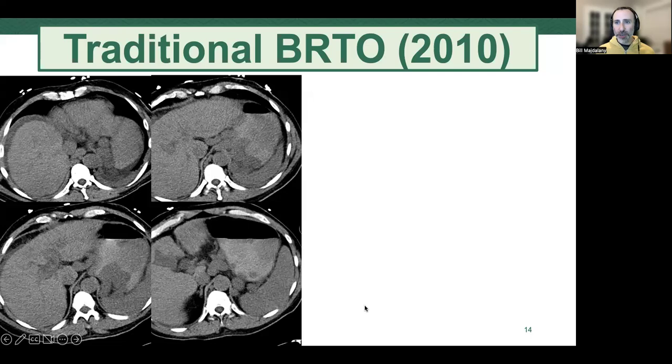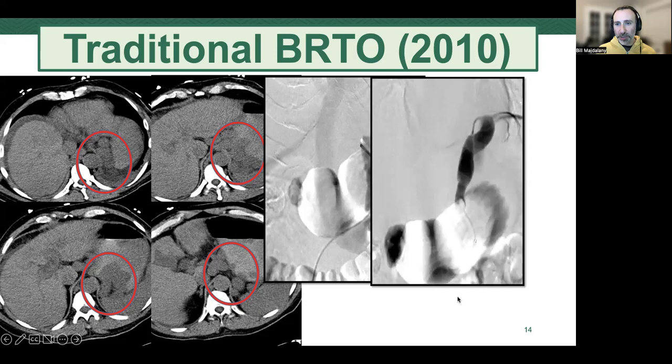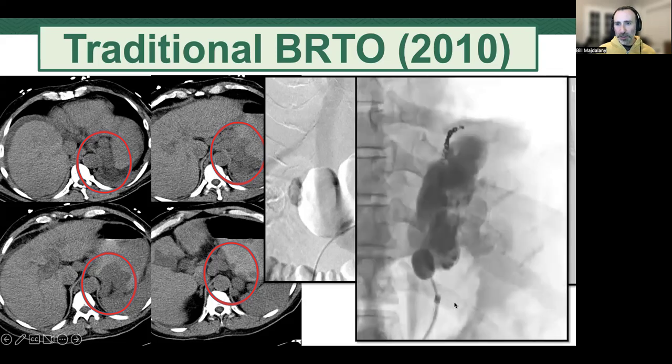In traditional BRTO, when I was in my residency, we would see these large varices, of course, on CT. We would catheterize from a femoral approach in this case, and then get into the efferent gastrorenal shunt, inflate a balloon, define the gastrorenal shunt, and then inject the sclerosant mixture that I just discussed.